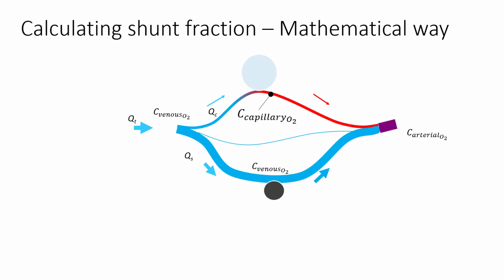So let's understand how to derive the shunt fraction equation mathematically. Total amount of flow QT will be equal to the total amount of flow through the capillaries and the total amount flowing through the shunt. So you can write QC as QT minus QS.